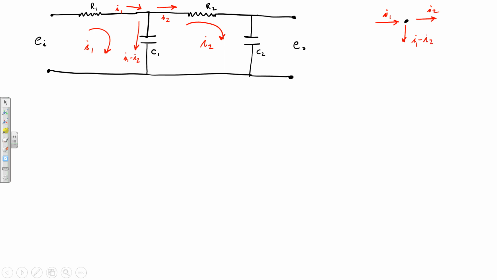Such that I1 is equal to I2 plus I1 minus I2, so you've got I1 equal to I1. So that works. Whatever comes in current-wise has to flow out. You can't make charge from nothing, because current's just flow of charge.